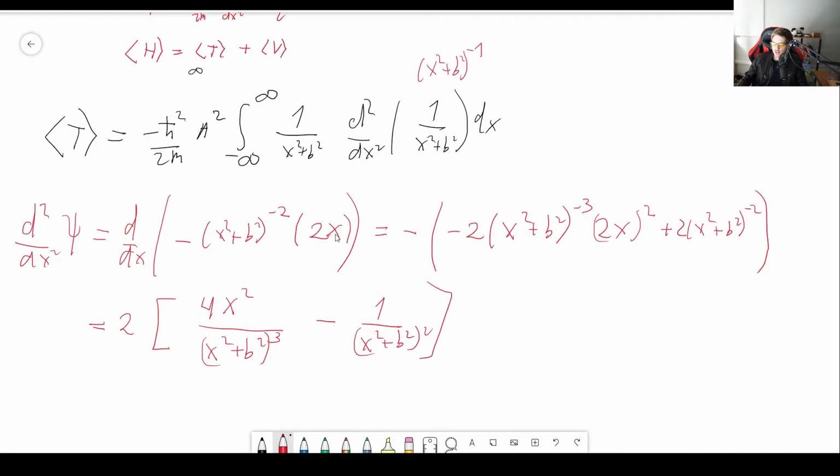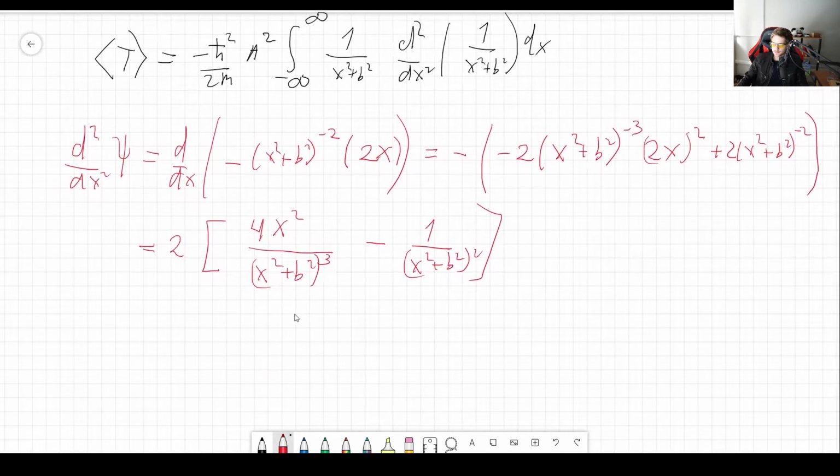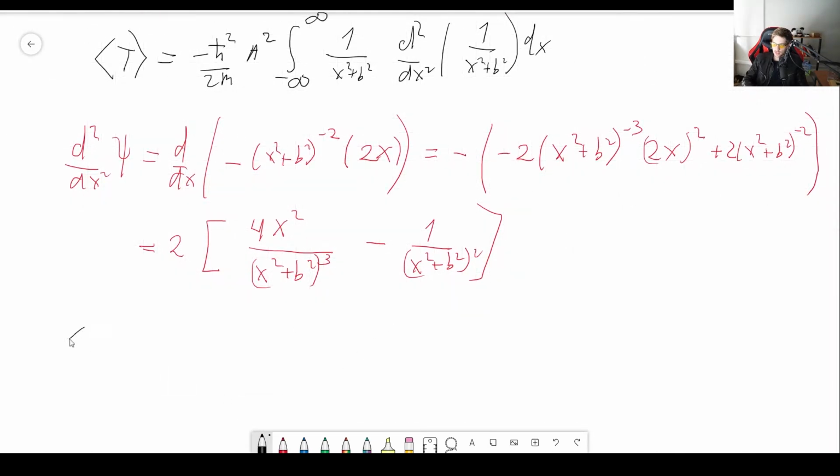So let's write it into our integral. Going back to the integral, we get minus. Now there's this 2 right here, which will cancel out this. So minus h bar squared over m a squared. And now comes the integral from minus infinity to infinity.